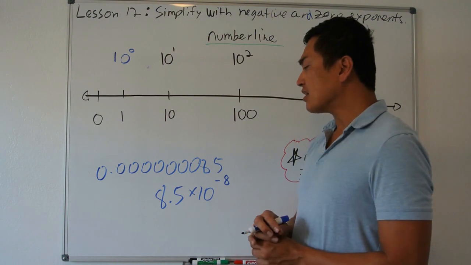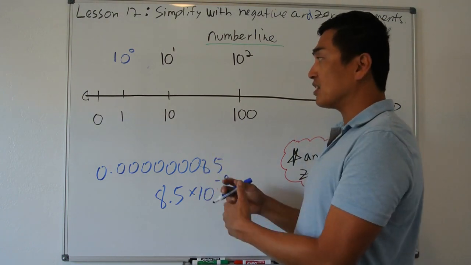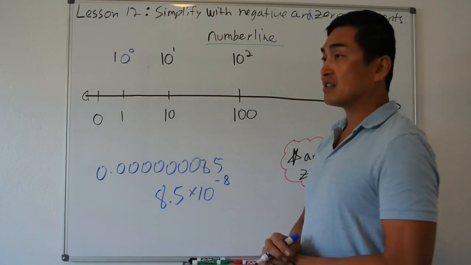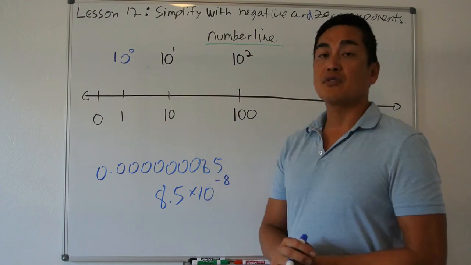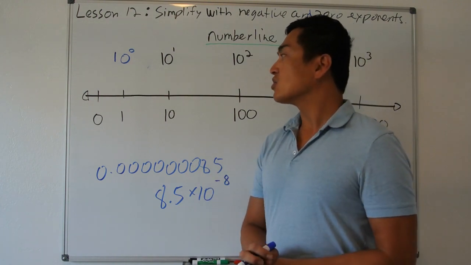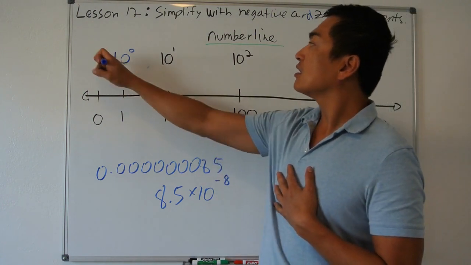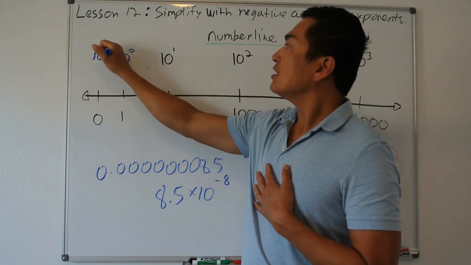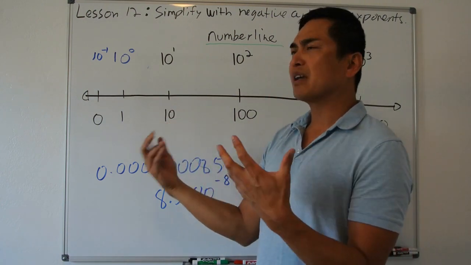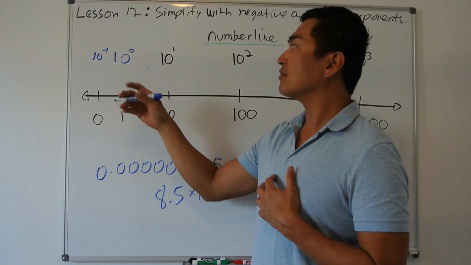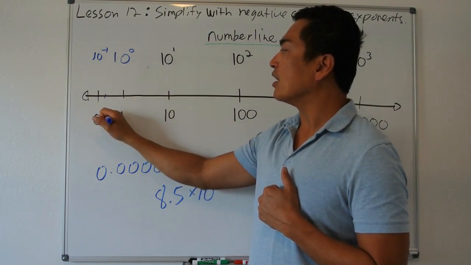Oftentimes with a negative exponent, it's easier to convert it into a fraction and then a decimal. But for today, you don't need to convert it to a decimal. Just convert it to a fraction. So what does that mean? For example, 10 to the negative 1 is the same thing as, you just make it a fraction so it becomes a positive exponent, like 1 over 10.